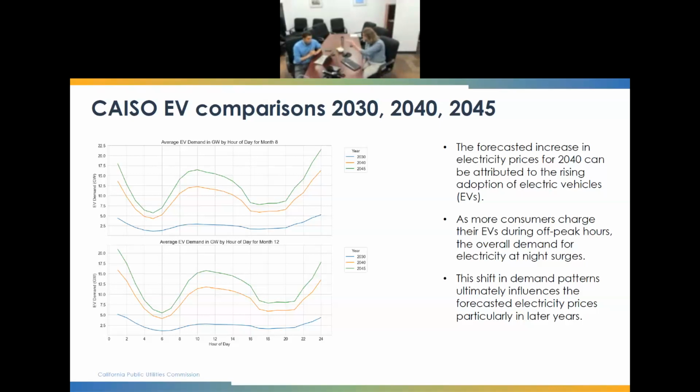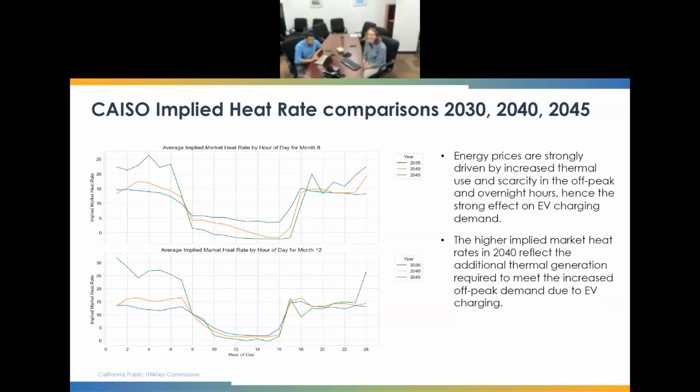All right. Next slide, please. So, next one is about the in-play hit rate, just to show how the EVs impact the price. The blue line is 2035, but it's the same pattern as 2030. We can provide the data if needed.